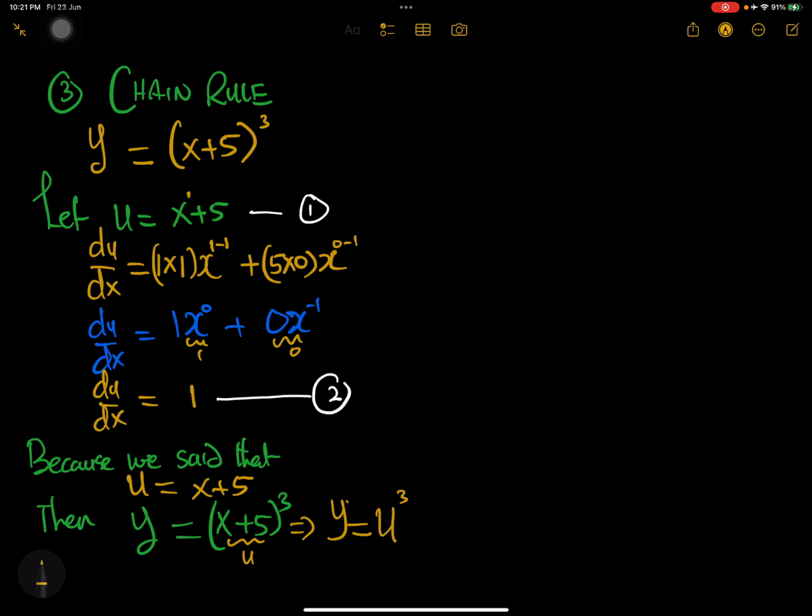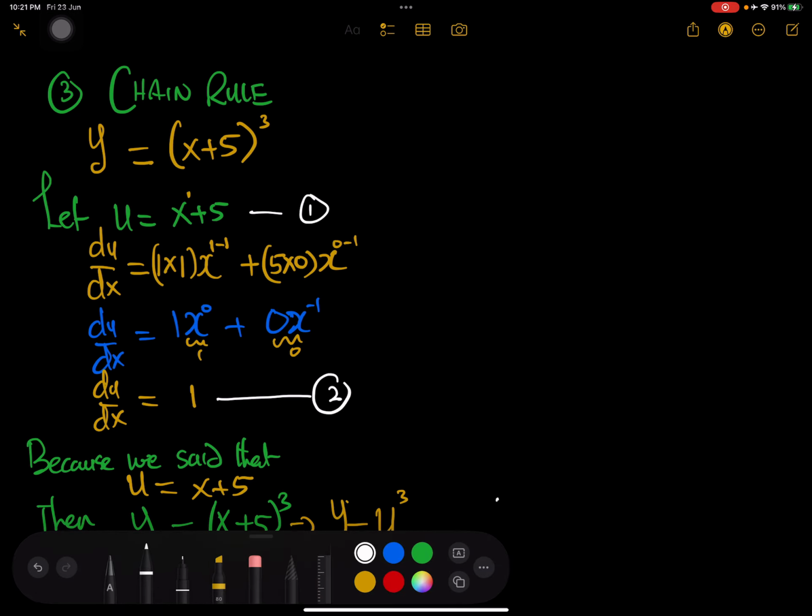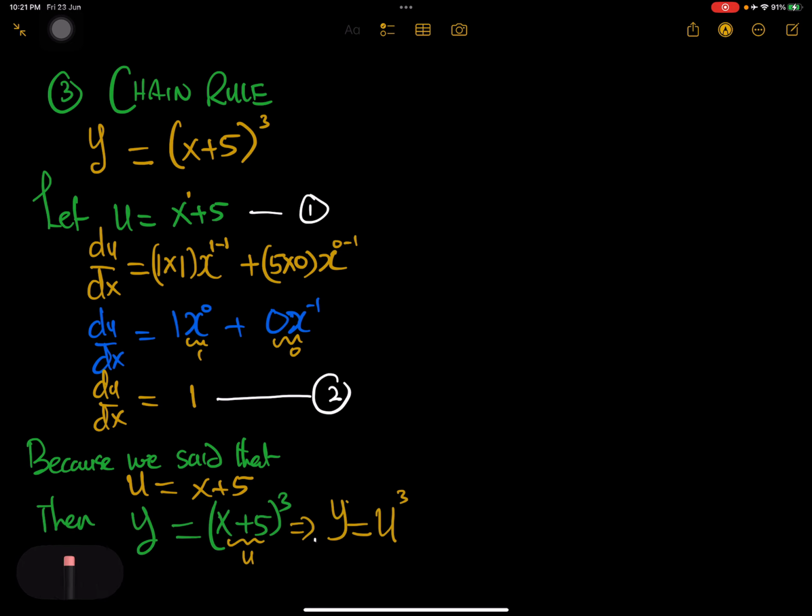In this case, we are going to differentiate this y is equal to u cubed. So we're going to have y prime, we're going to have dy du, because we are differentiating y. So dy du is equal to 3 multiplied by 1 multiplied by 3. Why? Because there's an invisible 1 here.